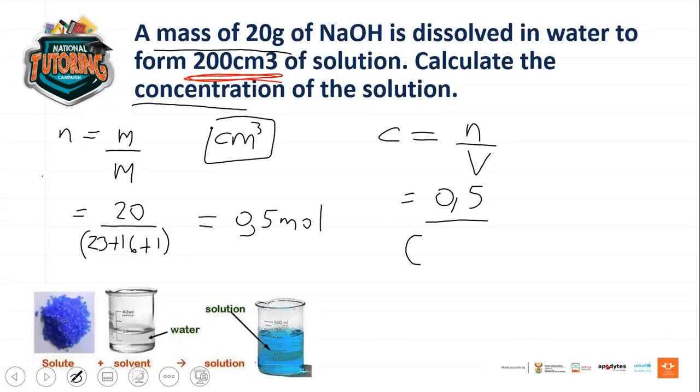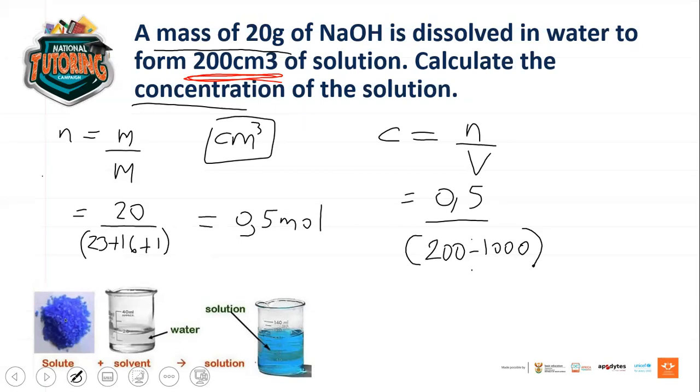There are 10 centimeters in a decimeter, so we have to take that 200 centimeters cubed and divide it by 1,000. That's the rule for converting centimeters cubed into decimeters cubed: you're always going to divide by 1,000.